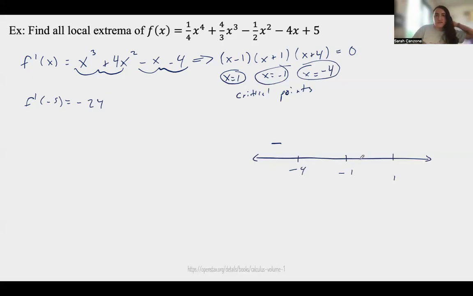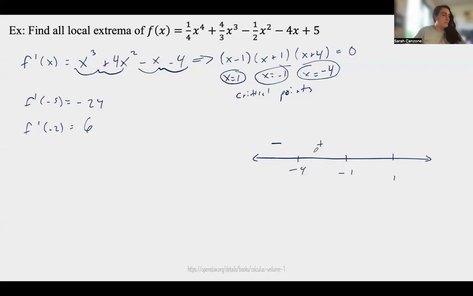All right, so we'll choose something in here. I, again, want to choose a smaller number just because it'll make computations a little bit easier. So maybe -2, f prime of -2 equals, and again, if you don't want to actually compute it, you can just go ahead and see if you would get a positive or a negative number. What you get is a +6.